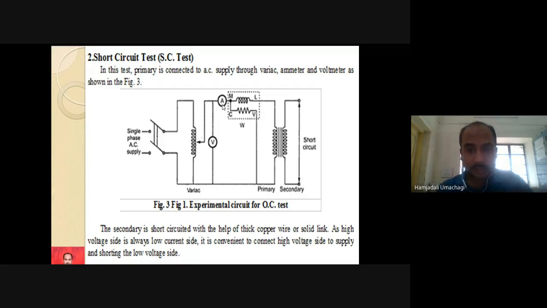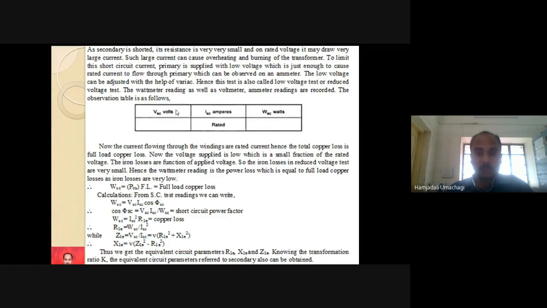Now the current is called ISC, short circuit current, VSC, short circuit voltage, and WSC, full load copper loss. Note down all those values: VSC, ISC, WSC. Using these values, calculate the short circuit power factor.